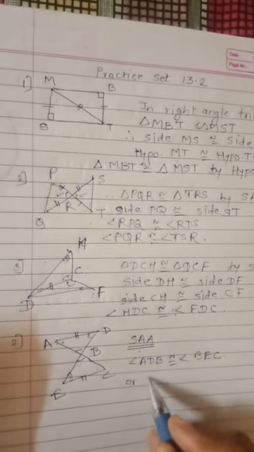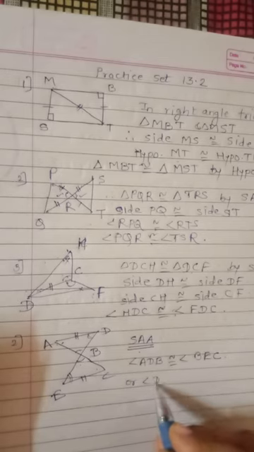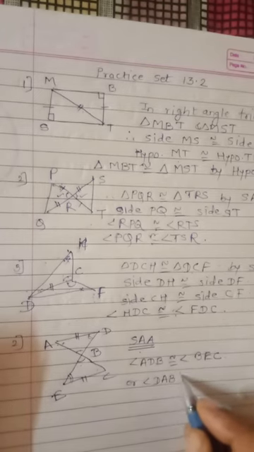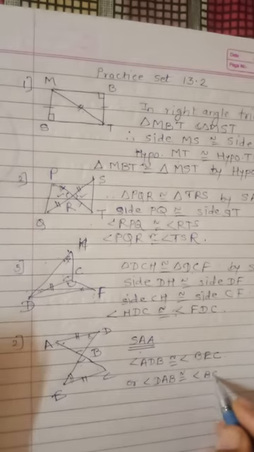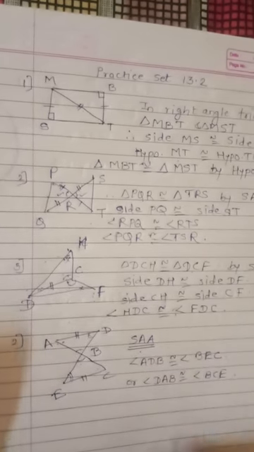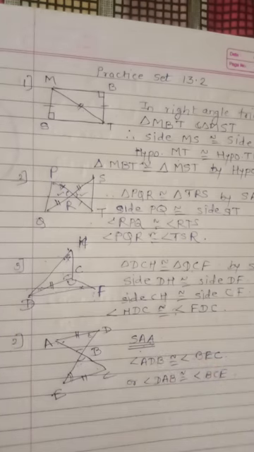Or angle DAB is given congruent to angle BCE. This information is necessary for SAA test of congruence.